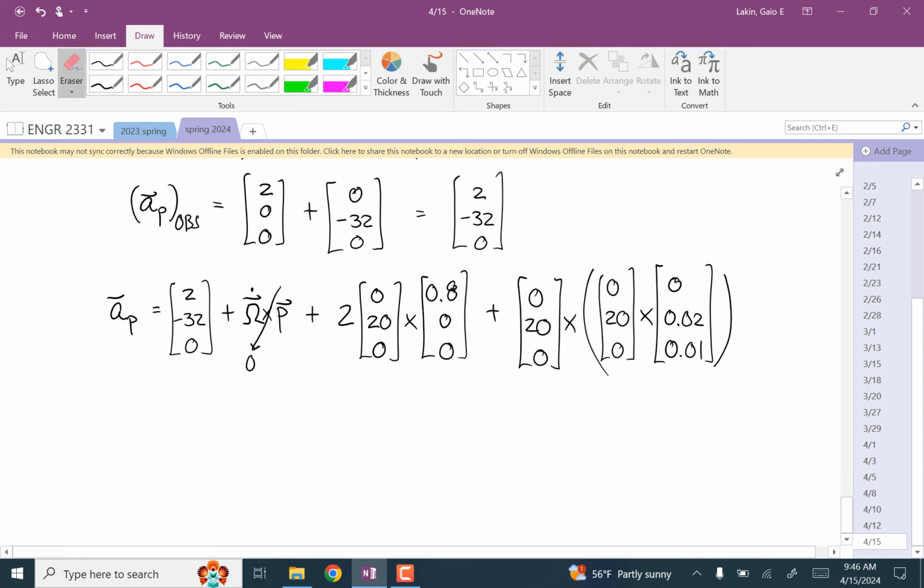This one, let me put this above, is 0.200. And so this thing altogether is 0, 0, -4, I believe.